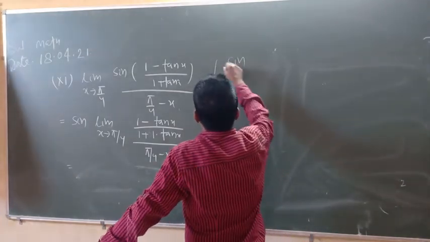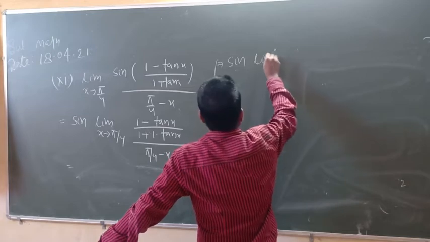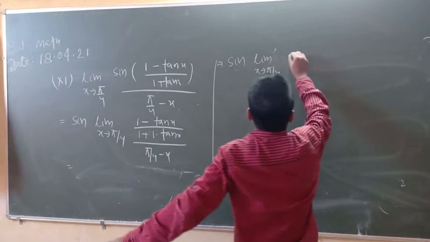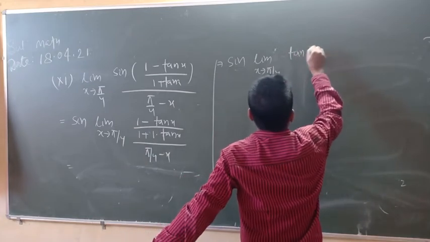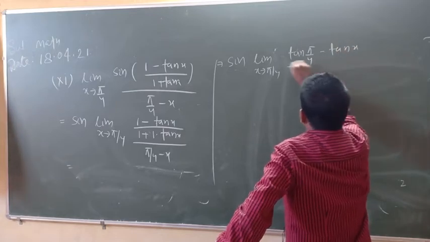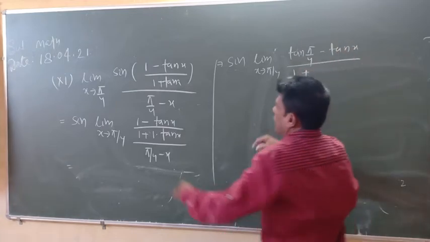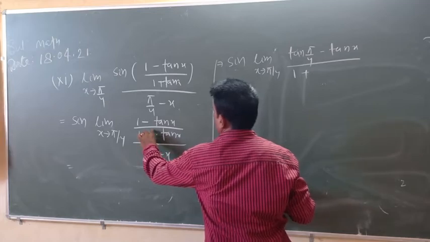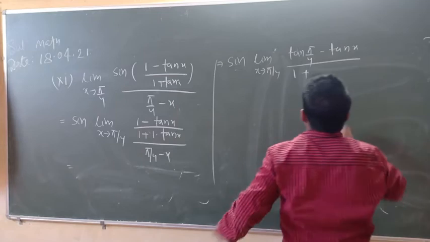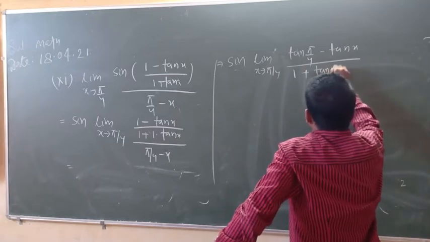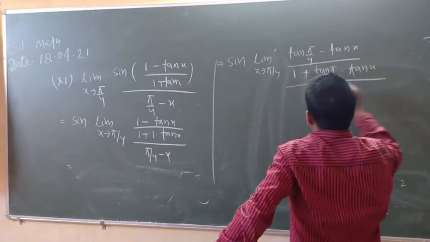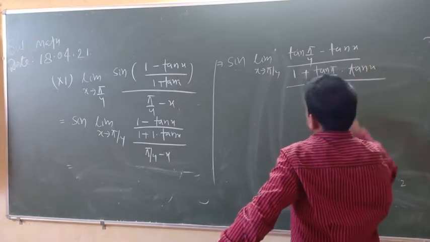Now sine is outside of the limit, limit x tends to pi by 4. Here put 1 is equal to tan pi by 4, minus tan x, divided by 1 plus, instead of 1, tan pi by 4 into tan x, divided by pi by 4 minus x.